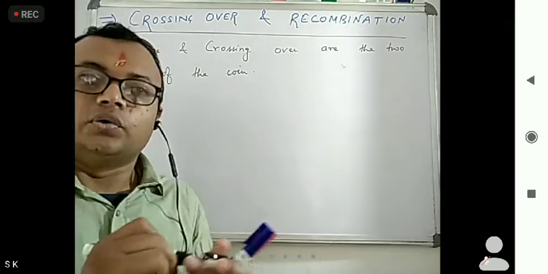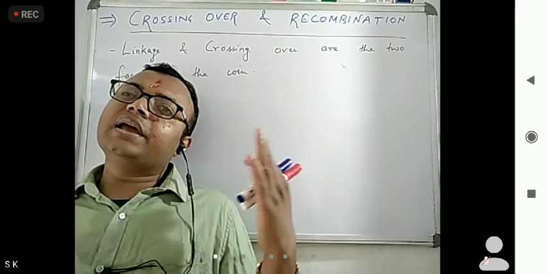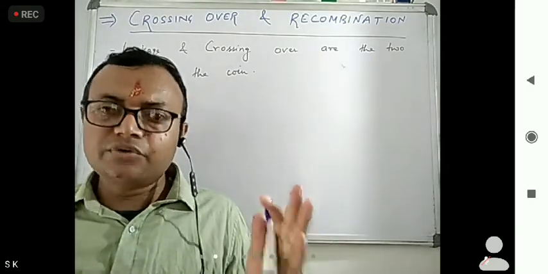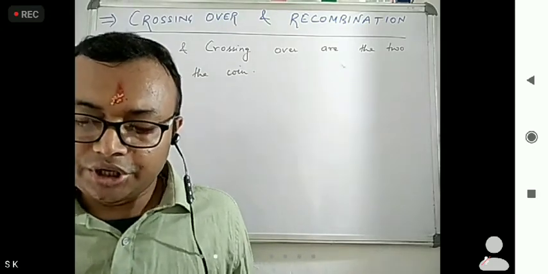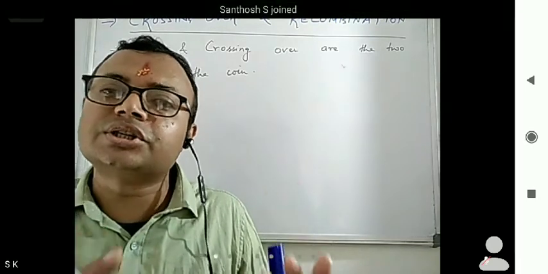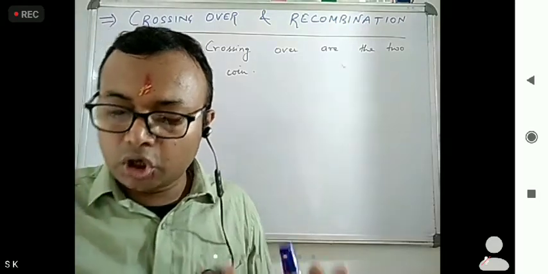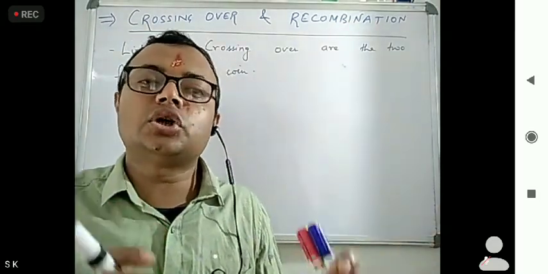Now first we will see what you mean by crossing over. The process in which exchange of genetic material between non-sister chromatids of two homologous chromosomes takes place, that is known as crossing over.